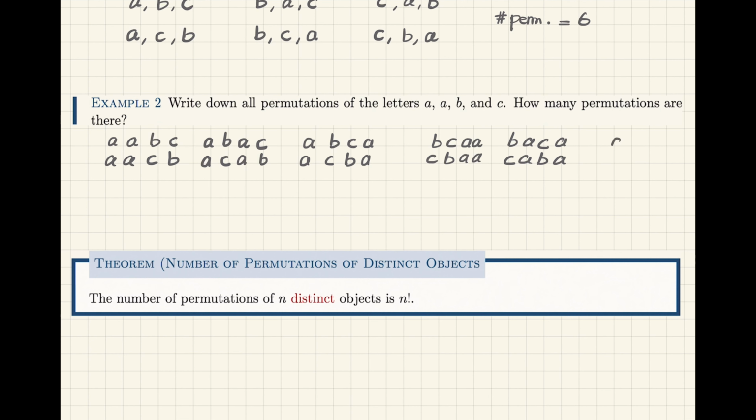So for example, I can have two A's here, then I have B and C here, C and B there. And I hope that you agree with me, these are the only possibilities that I can write.